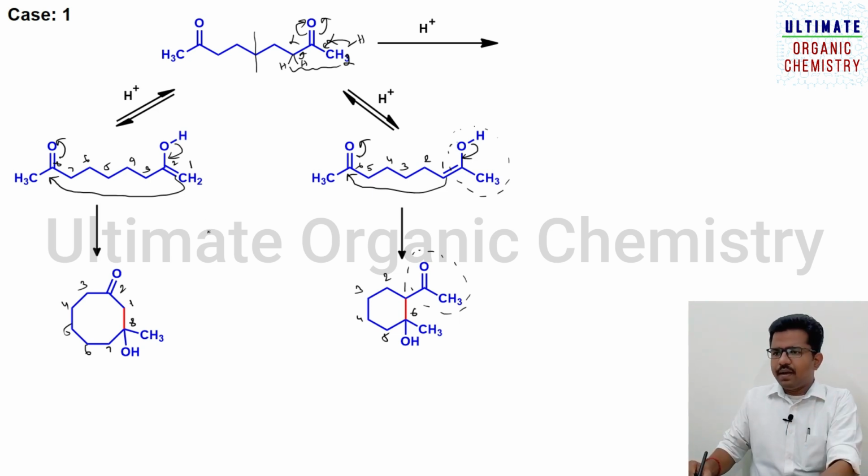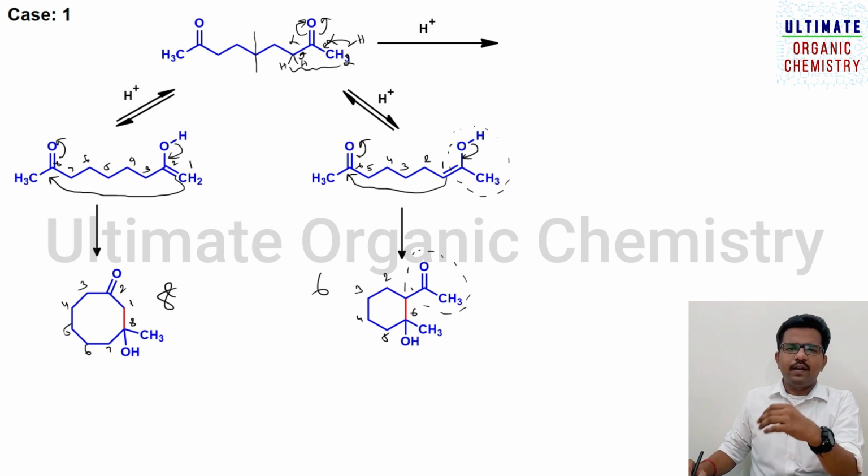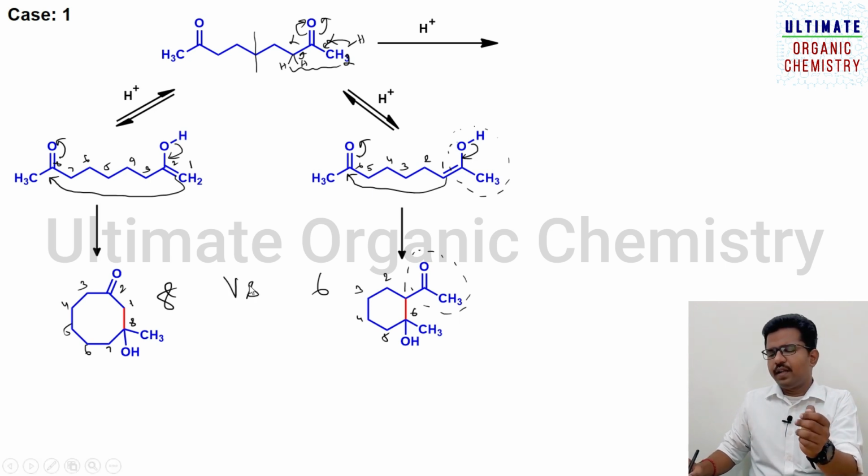One is an 8-member ring, another one is a 6-member ring. So which will be preferred in this case? When you have this type of thing, the 6-member ring formation will be more facile. That 8-member ring formation will not be possible, because of ring strain.